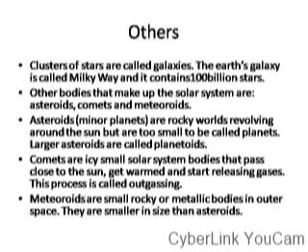If we are talking about small rocky or metallic bodies in outer space, then they are called meteors. So that will take us to the end of our discussion about outer space as well as the earth.